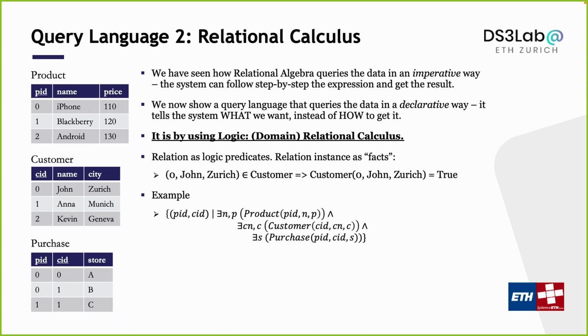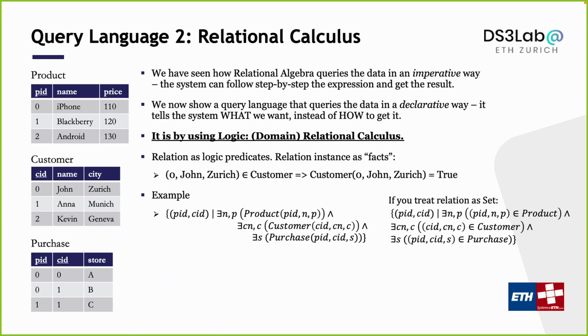Okay? So you have the product relation, you have the customer relation, you have the purchase relation. Right? So you can actually write down a query that looks like this. This is all the product IDs and the customer IDs that participate in this join of these three different relations. If you treat each relation as a set, this is essentially what you are writing. On the left-hand side, that's a relational calculus query. On the right-hand side, that's the definition if you treat relations as sets.